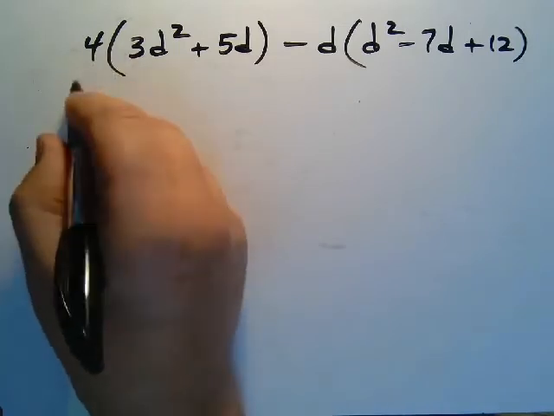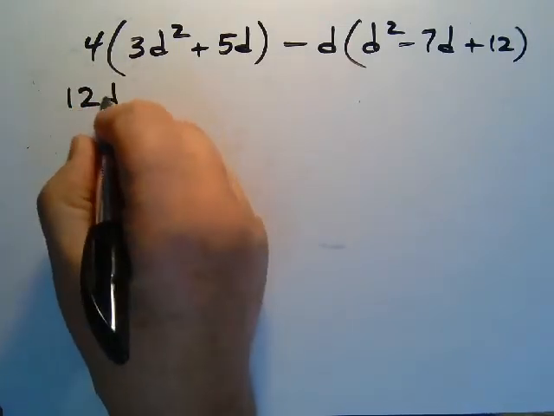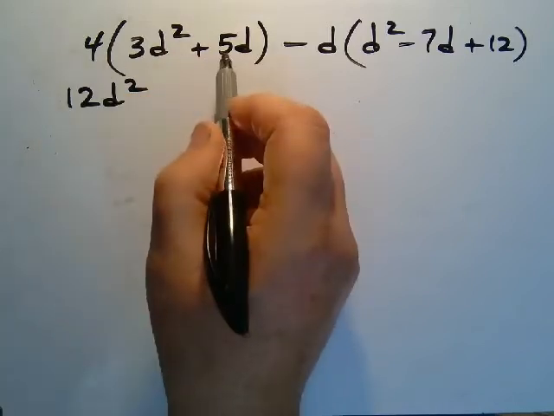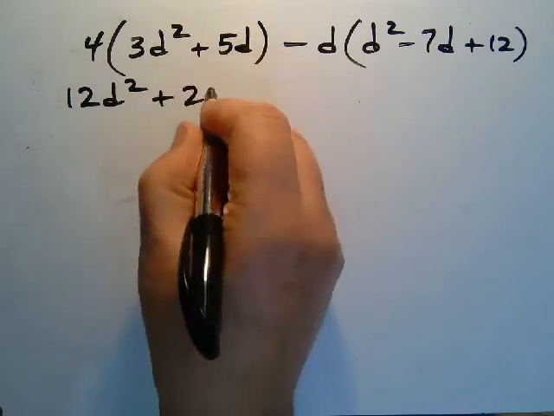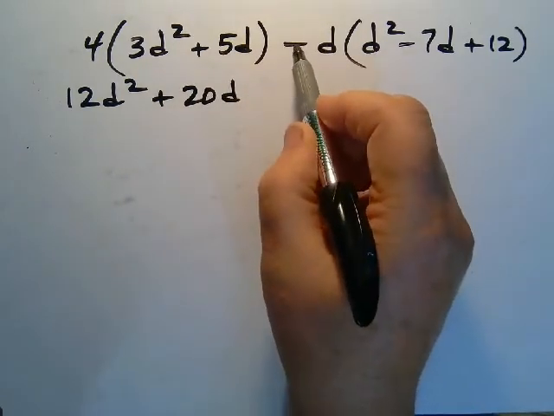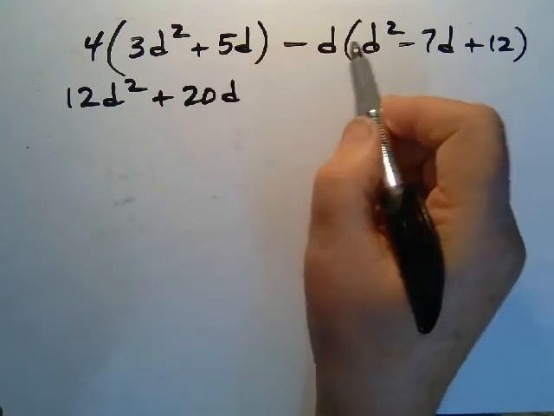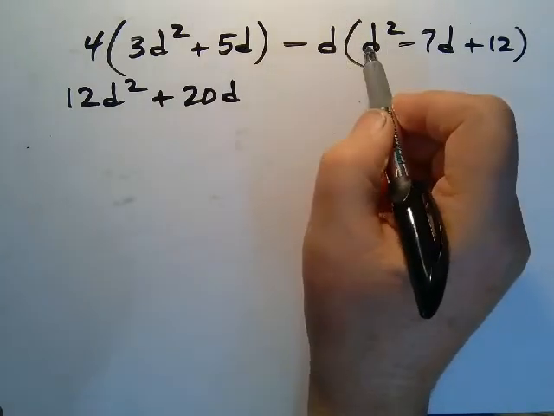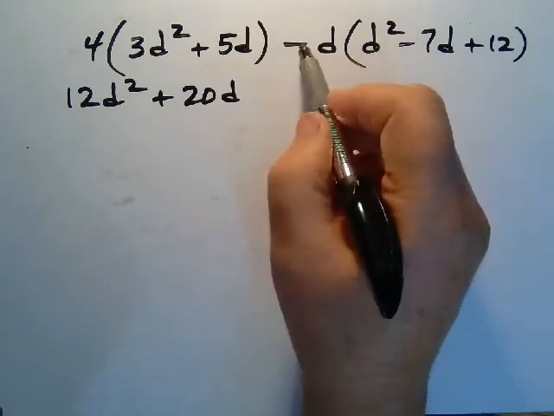Here we go. 4 times 3 is 12 d squared. I'm not going to do anything with the d there. 4 times 5d is 20d. Easy peasy. All right. Now we're going to multiply negative d times d squared. Well, d to the first, you don't see it, but there's a 1 right here. D to the first times d to the second is d to the third. But I had a negative.